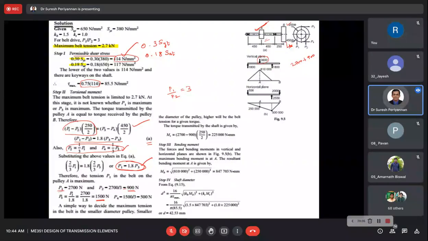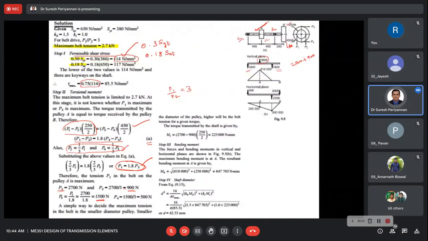All right, we know the distance. Then go for the reaction calculation. This is support 1, this is support 2. Then you are able to find the reaction force at support S1 and support S2. The supports are the bearings. 1800 Newton and 1800 Newton.